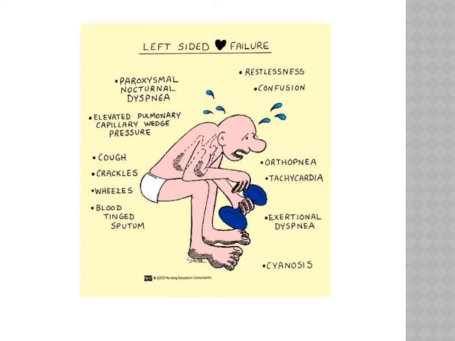One thing that I want you to correlate is left, lungs. If you can sort of remember those two together, the patient that has left-sided heart failure will have a lot of respiratory signs and symptoms. So their lungs will be affected. Coughing, crackles, wheezing. This fluid is essentially backing up into their lungs.